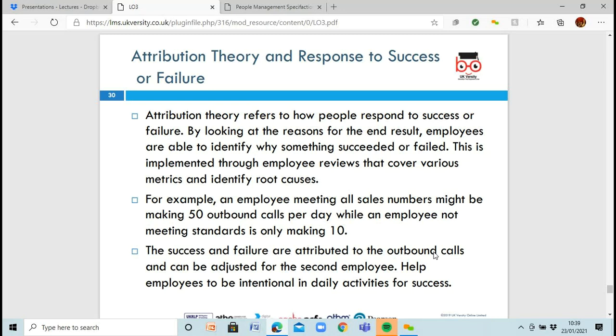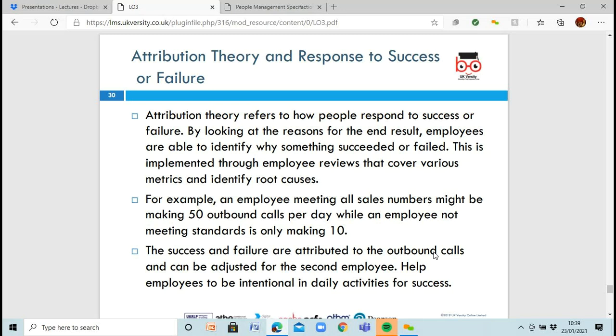So this is implemented through employee reviews, and it actually covers a few metrics and identifies root causes. So an example of this is when one employee is meeting their sales numbers, and they're making 50 outbound calls per day. But then there's another employee who is not meeting all their standards, but they're only making 10 outbound calls a day.